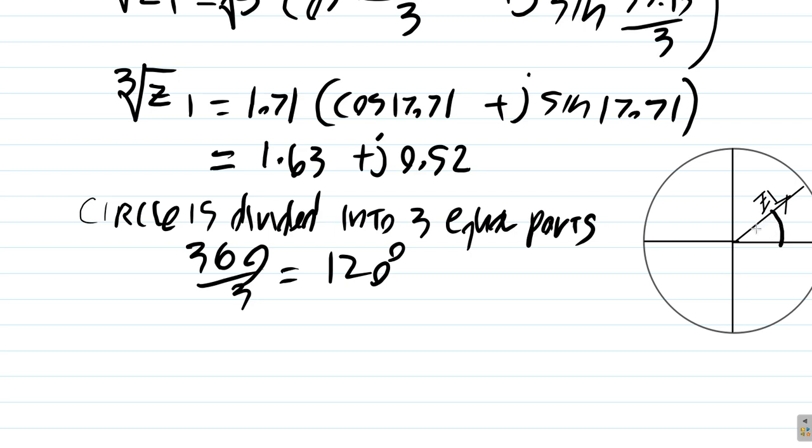So we have our 17.71, then 120 degrees. If we rotate, add this to 120, that's 137 point something. It would come here.